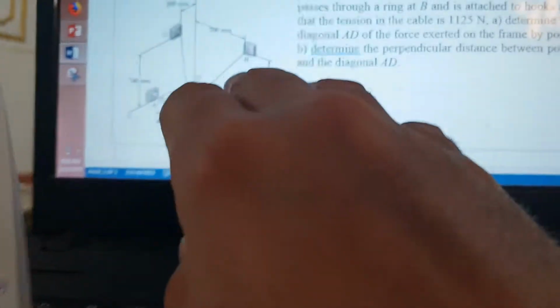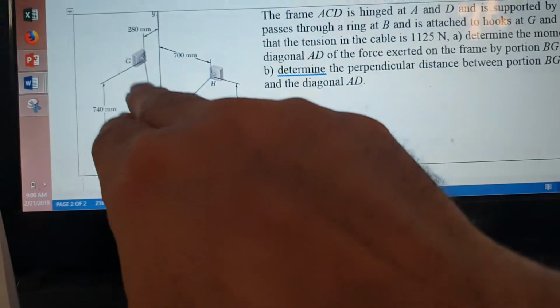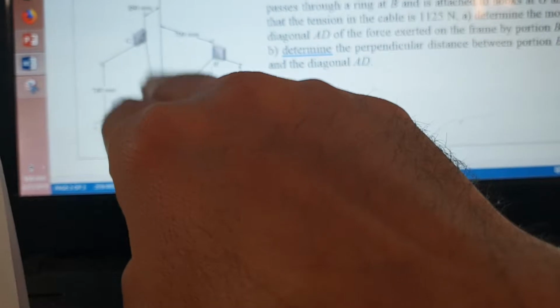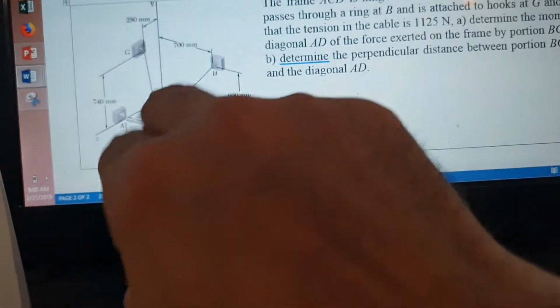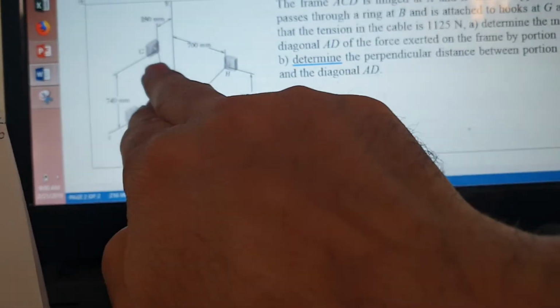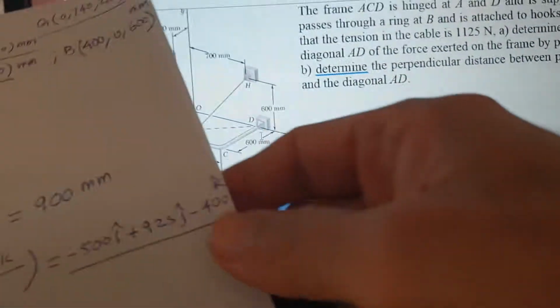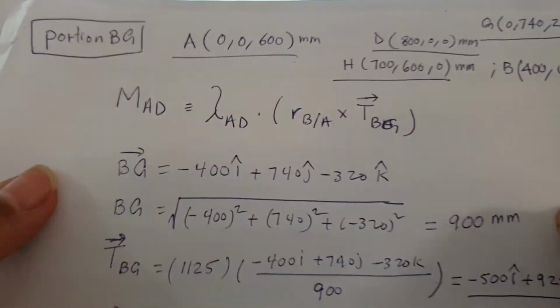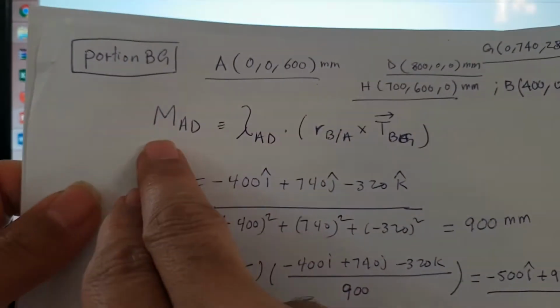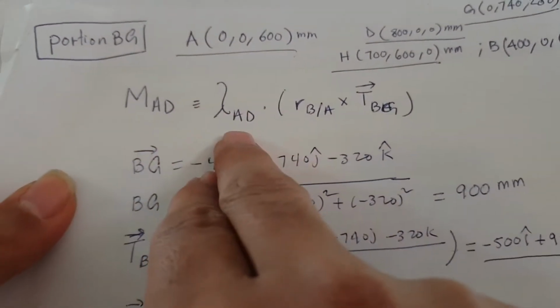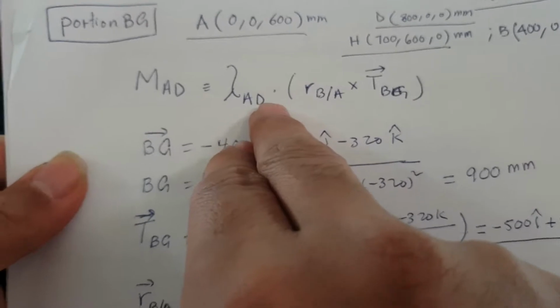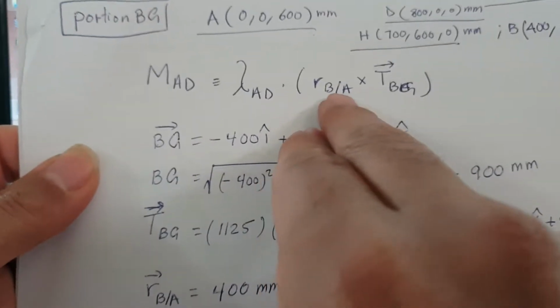For this type of question, if you want to find the moment of the force of this portion, this cable BG, on the line AD, the moment about AD is equal to the unit vector AD, dot product, the position vector BA.